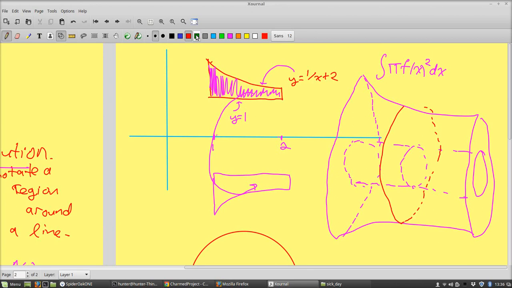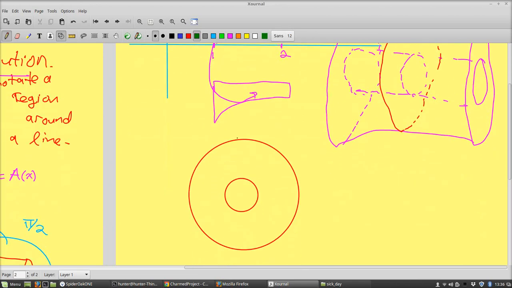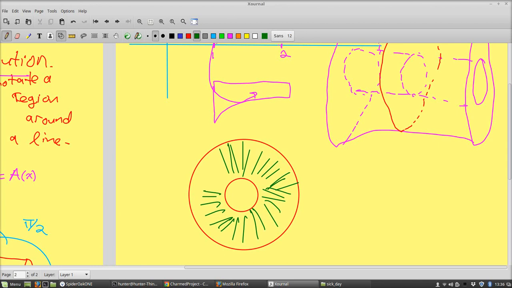So where are the radii of these circles coming from? And the cross section is this stuff. I think we said in class before that this shape looks kind of like a pineapple slice. It's called an annulus.